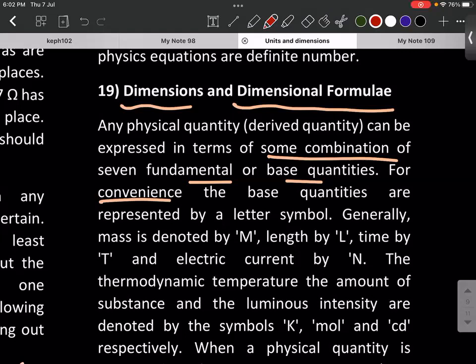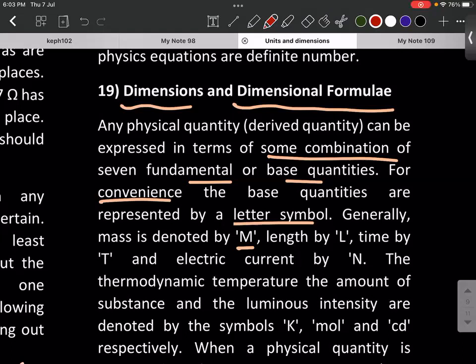So for convenience, the base quantities are generally represented by a letter symbol. Mass is denoted by the capital letter M. Length is represented by the capital letter L, the first letter.